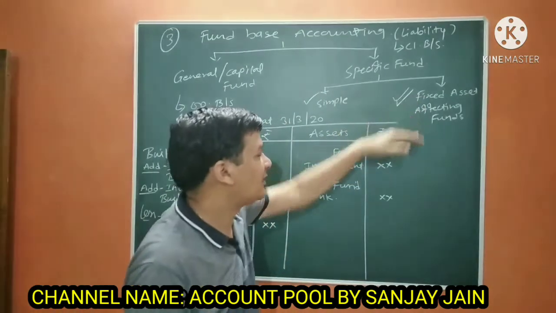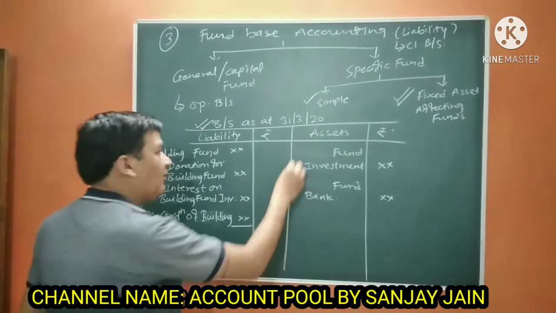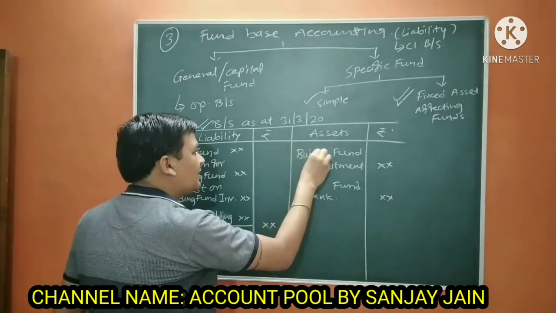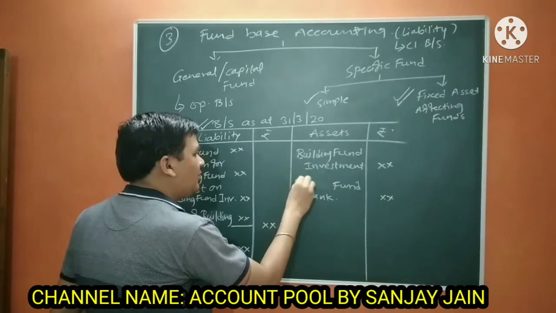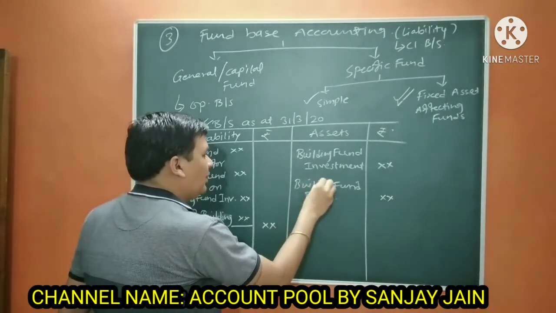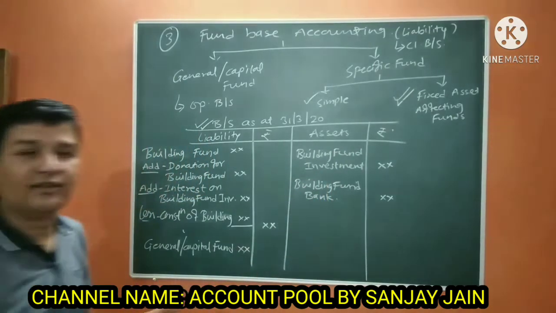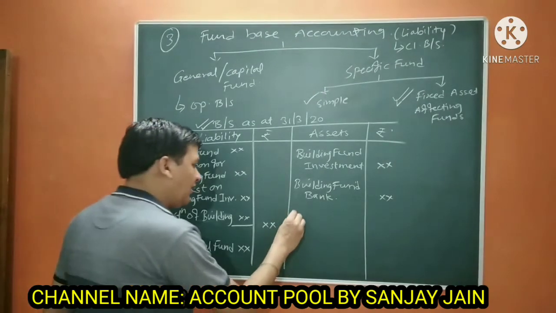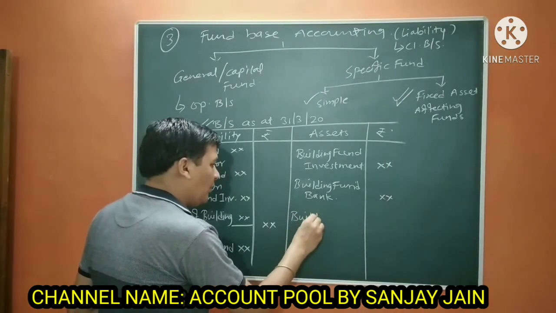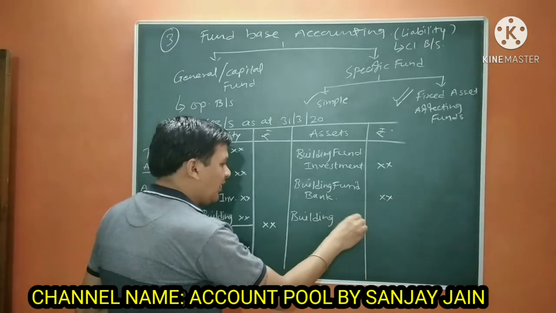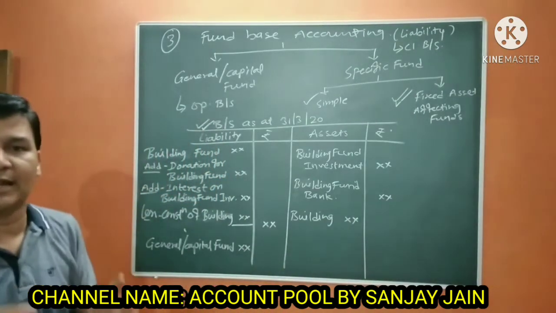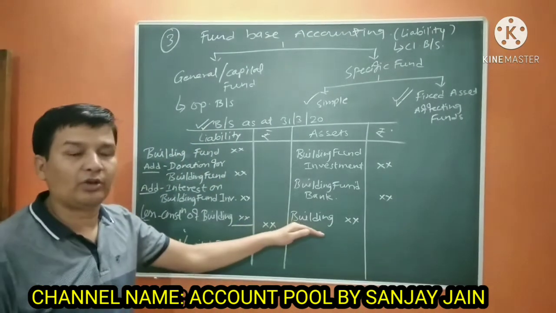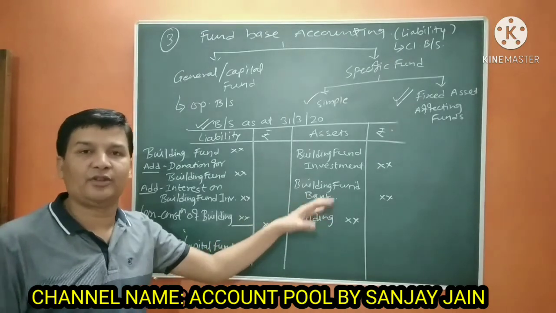I have told you that it is a fixed asset affecting fund. Now where I have affected the fixed asset, we are going to affect it. As you know, building is our asset. If we are having an opening balance of building here and any construction is done in that building, it will automatically increase the balance of the building.